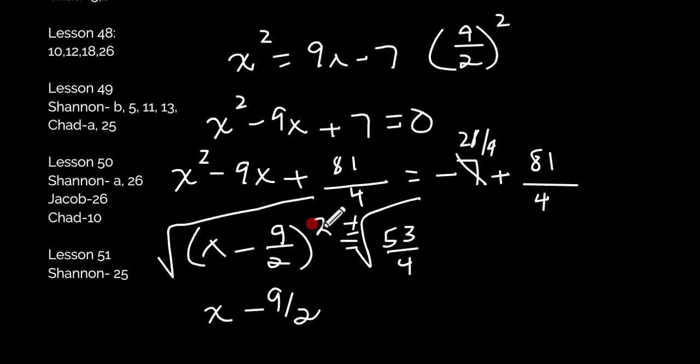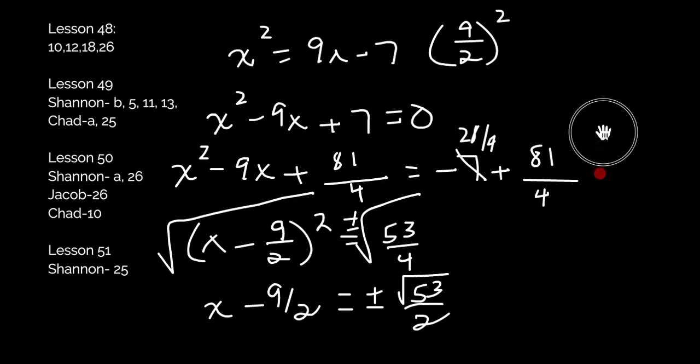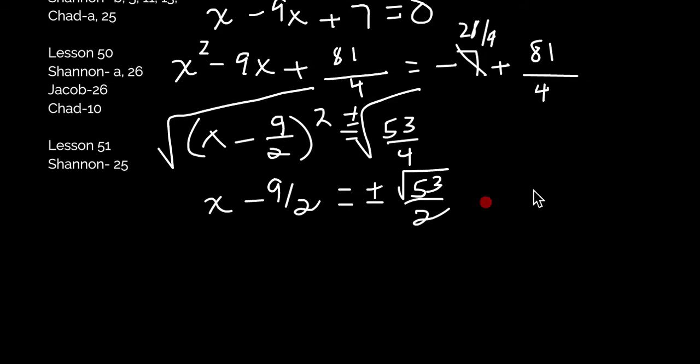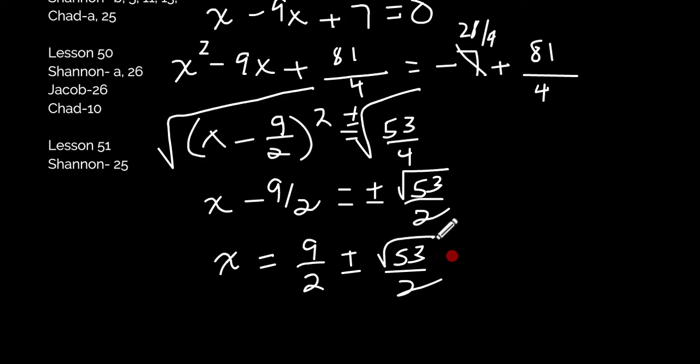And then we get equals plus or minus the square root of 53 over 2. And then all we have to do is add 9 halves to both sides. So we get x equals 9 halves plus or minus the square root of 53 over 2.